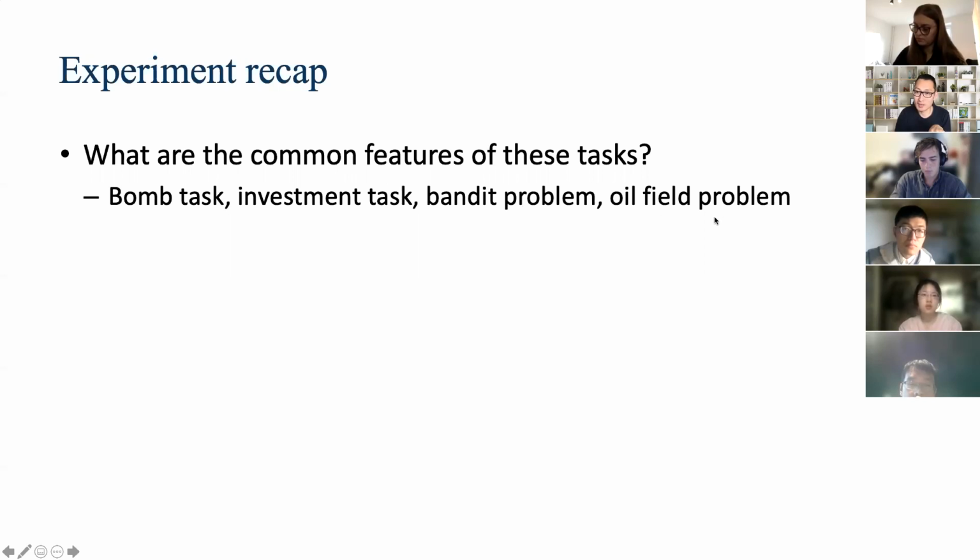But for the oil field problem, if you checked the same spot on the oil field, you will notice that the payoff is exactly the same. It does not change over time. But for the bandit problem, even if you choose the same alternative, the payoff may vary over time. So that's the difference, right?